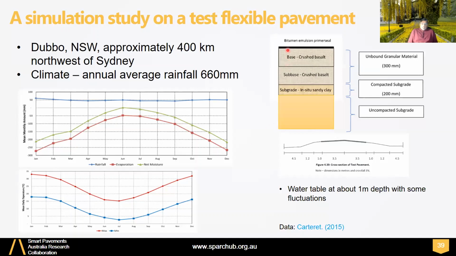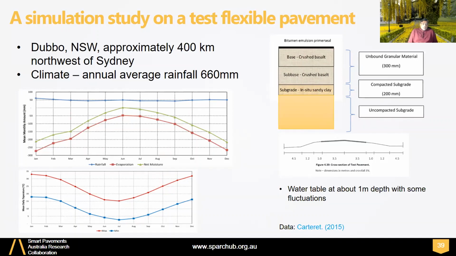So the pavement is unbound crushed rock. We are treating these two layers as one material for simplicity. And then the subgrade has a compacted layer and the uncompacted subgrade, right? So we are simulating a single UGM, then the compacted subgrade, and then the normal subgrade.